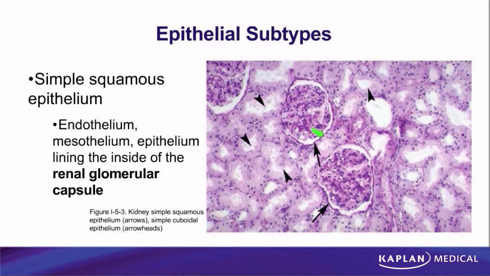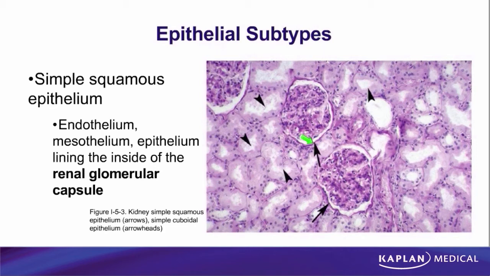And we would expect to see simple squamous epithelium, in other words, an extremely thin epithelium, in places where we want to see things moving across that epithelium pretty easily. So we're going to see that lining blood vessels, endothelial cells. We're going to see that on renal tubules, Bowman's capsule rather, in the kidney, where we're going to have material crossing from the blood system into the renal system.